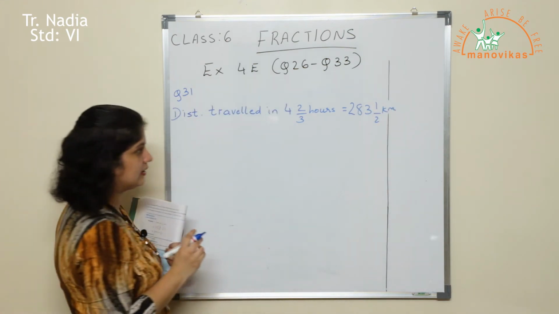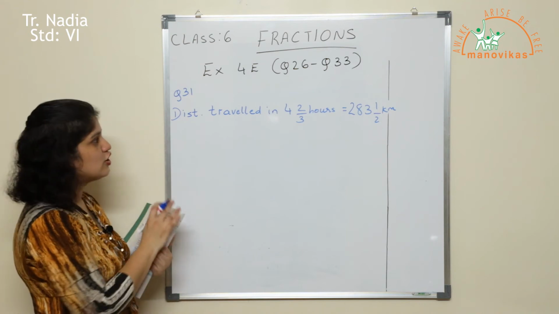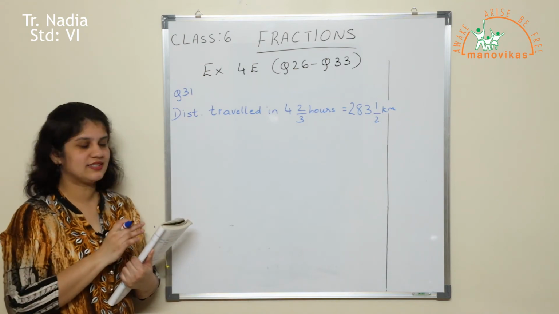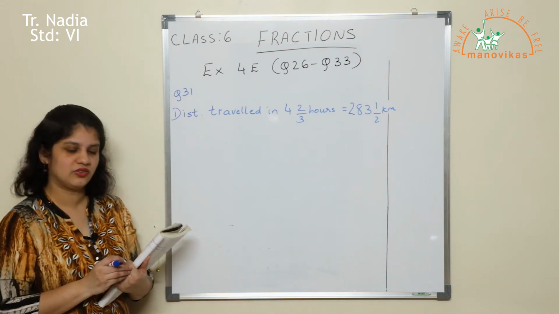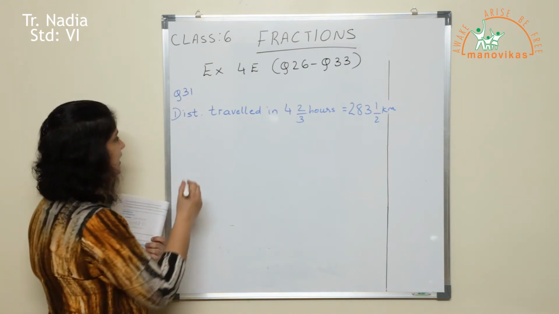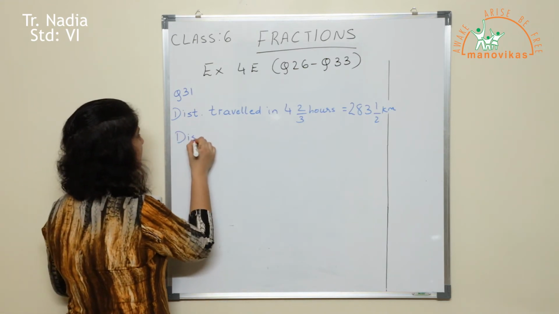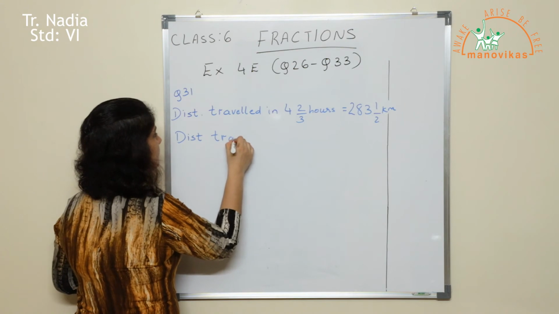Please remember to write the units wherever required. So we know what is the distance travelled in 4 2/3 hours. We have to find the distance travelled in 1 hour.